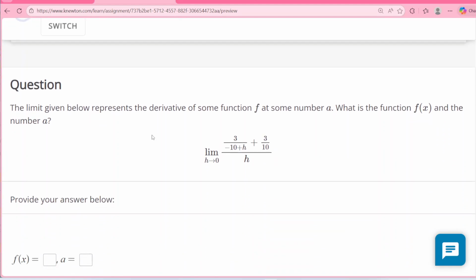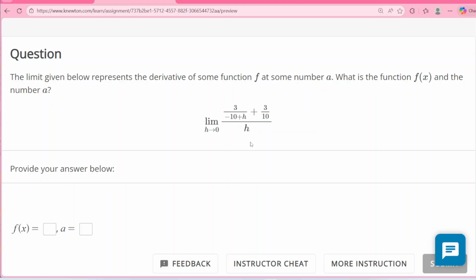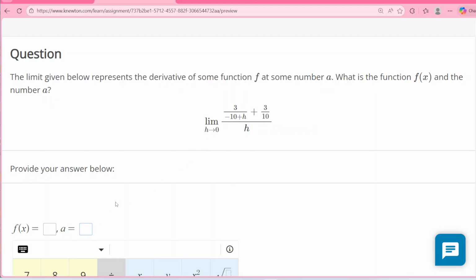All right, so this one again is where you're pointing out what the function is and at what value we're finding the derivative. So you see how this first part of the expression is 3 over, and then instead of x, you got negative 10 plus h. So the value, remember f at a plus h, so it looks like a is negative 10, and then the function we're plugging into is 3 over x, because this would be 3 at negative 10 plus h minus 3 at negative 10, right?